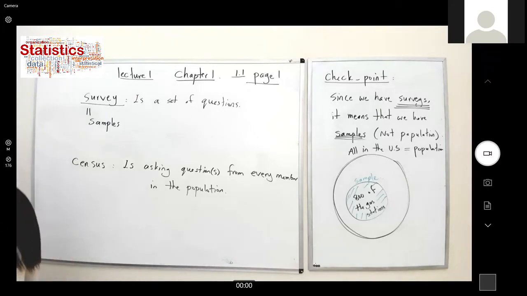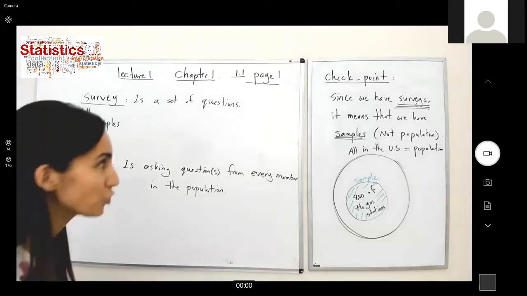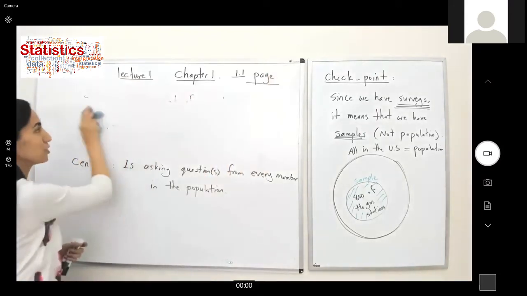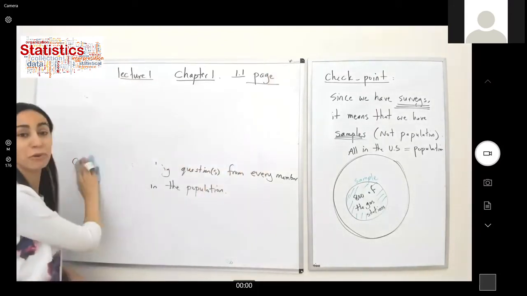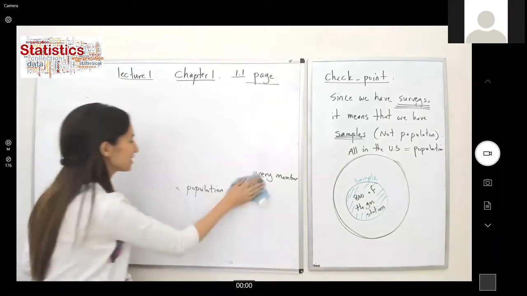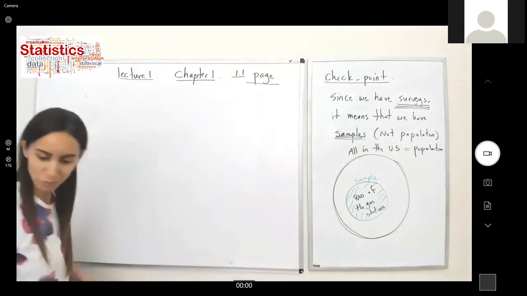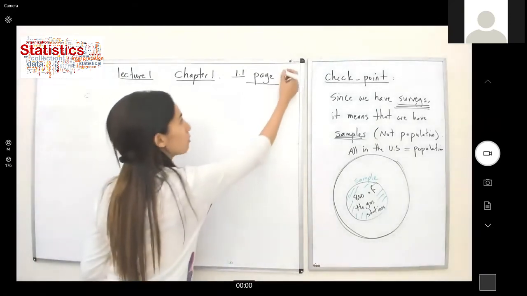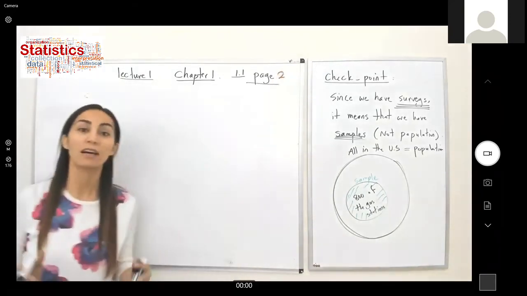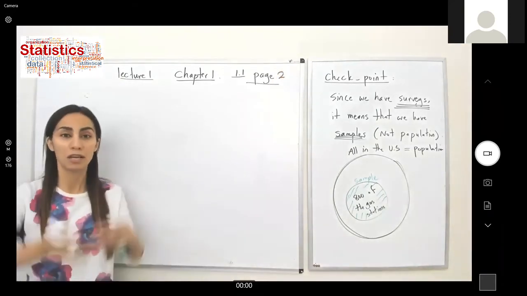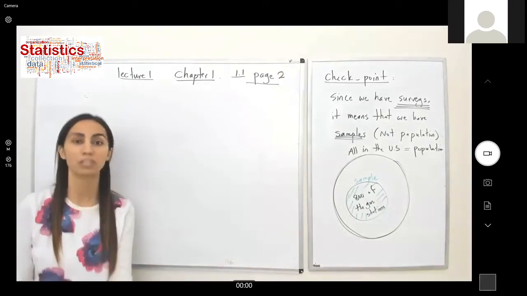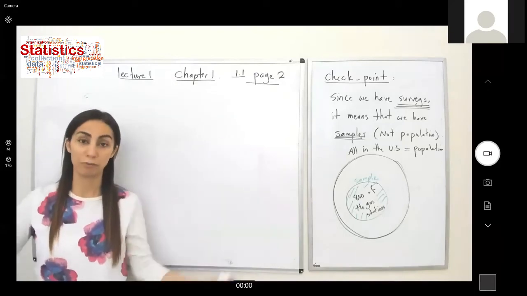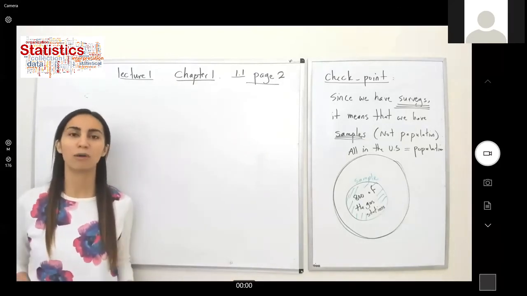Very well. So we are moving on to page 2. We're going to define a parameter and a statistic. So far we learned about population and a sample. Population is a very big collection of outcomes. We include everyone, every measurement, every outcome in the population.